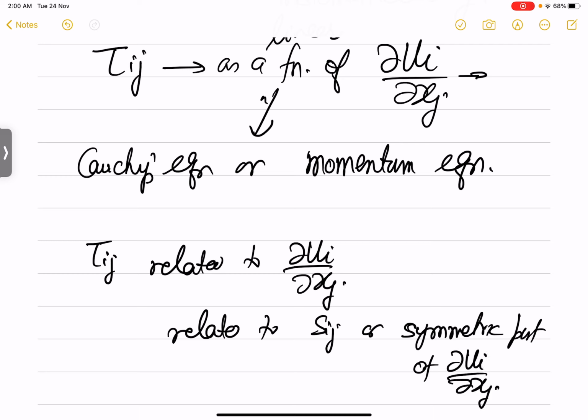Because the non-symmetric part of this, or the skew-symmetric part, only causes rotation, and that we know doesn't cause the viscous stresses. So this has to be related only to the symmetric part, and feeding in the symmetric part we will do in the next class, and that is what will lead us to the celebrated Navier-Stokes equations.